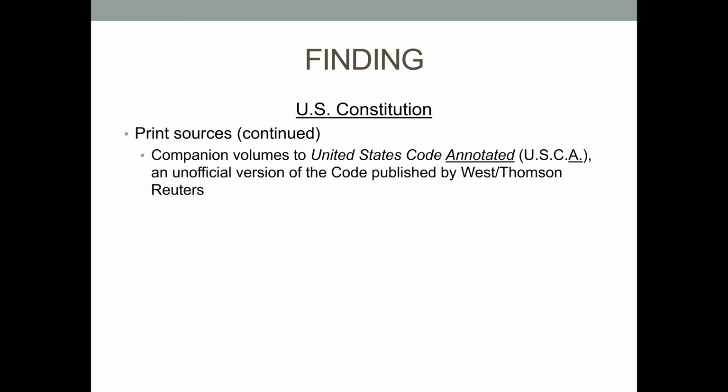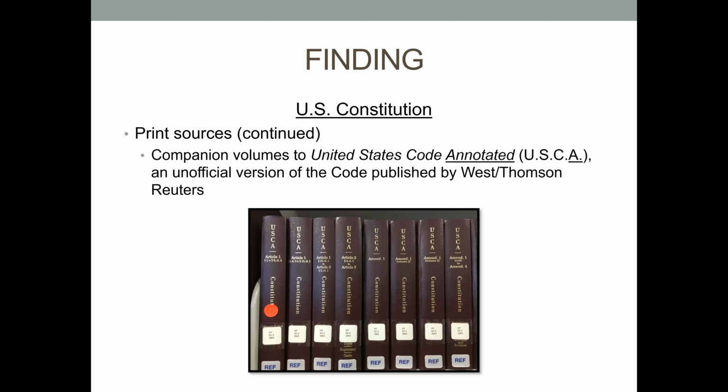And just as with United States Code, there are companion volumes to the USCA published by West Thomson Reuters that contain the text of the United States Constitution. And so here are, in photograph form, the spines of the United States Code Annotated that relate to the Constitution.